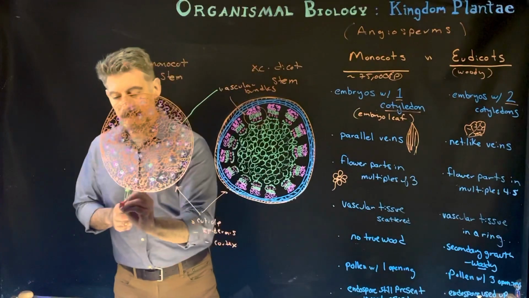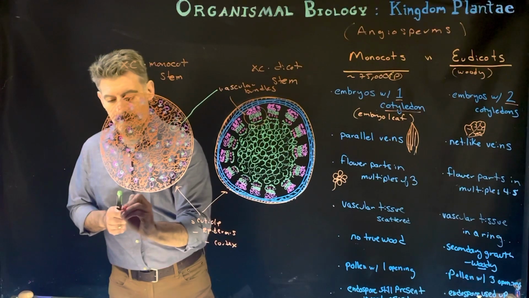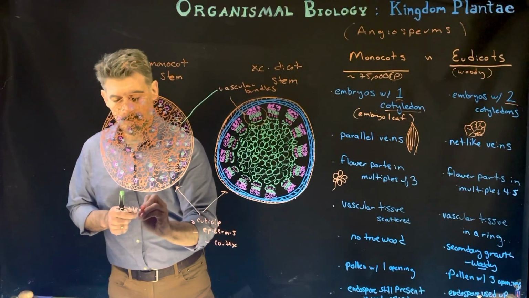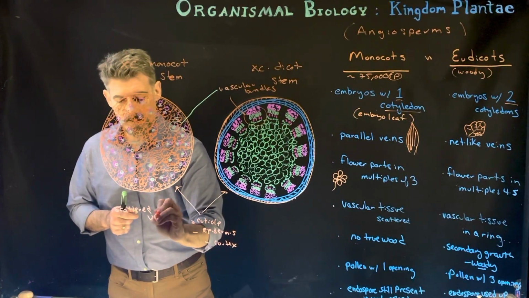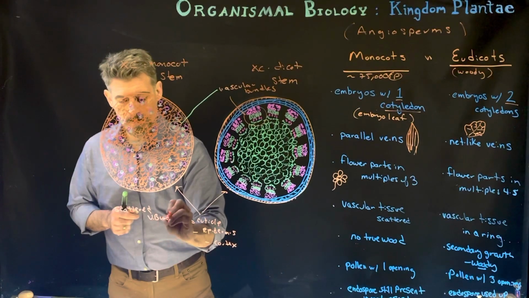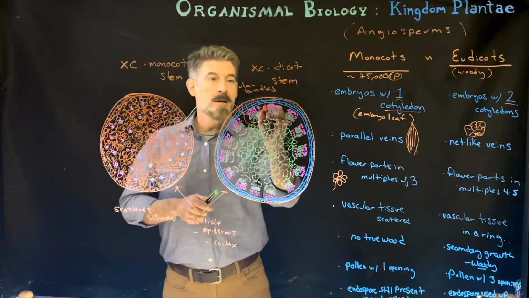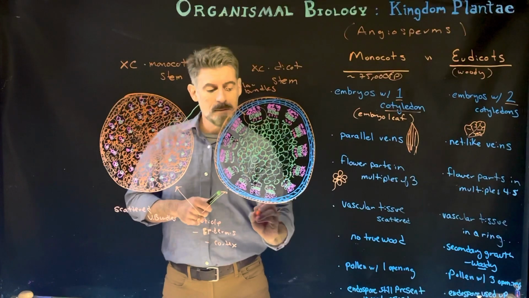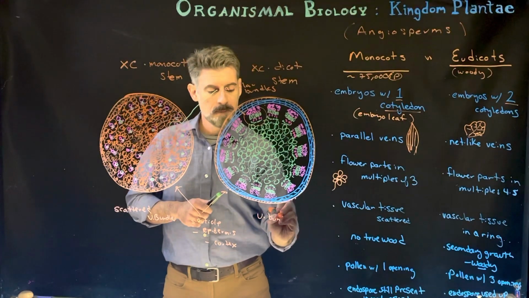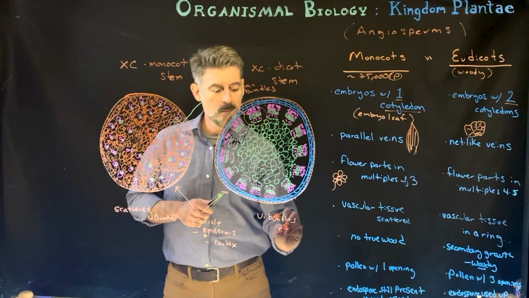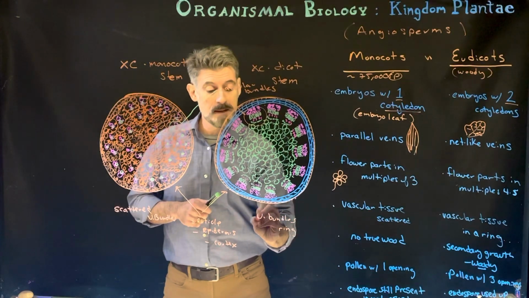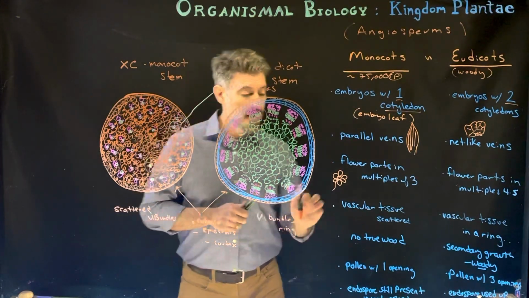So they're all scattered around, and that's the characteristic here. In the monocots, the vascular bundles are scattered. Whereas here in the dicot, the vascular bundles are in a ring-like structure, which is going to be important in a second as we talk about secondary growth.